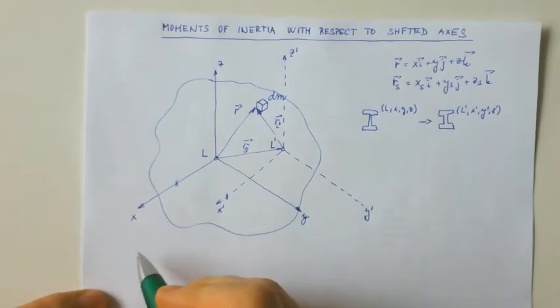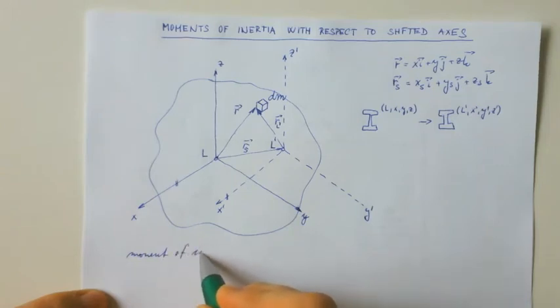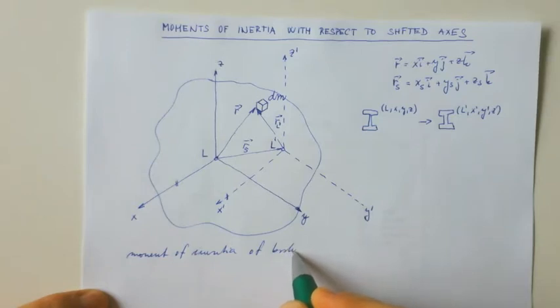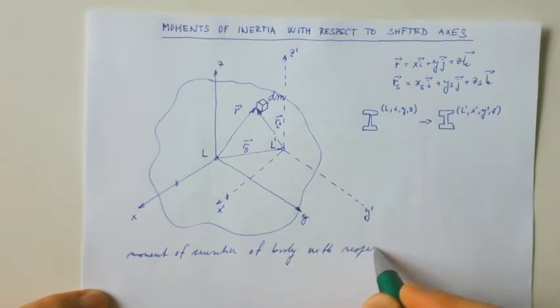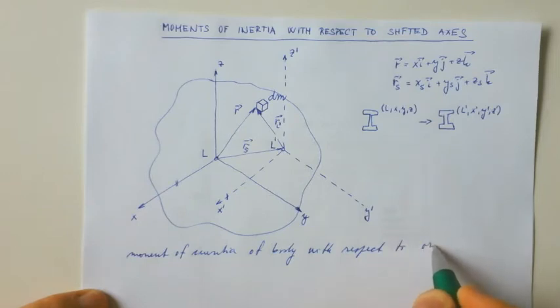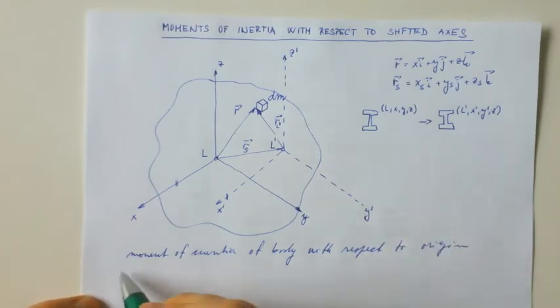Let's start with the moment of inertia of the body with respect to the origin of the coordinate system.